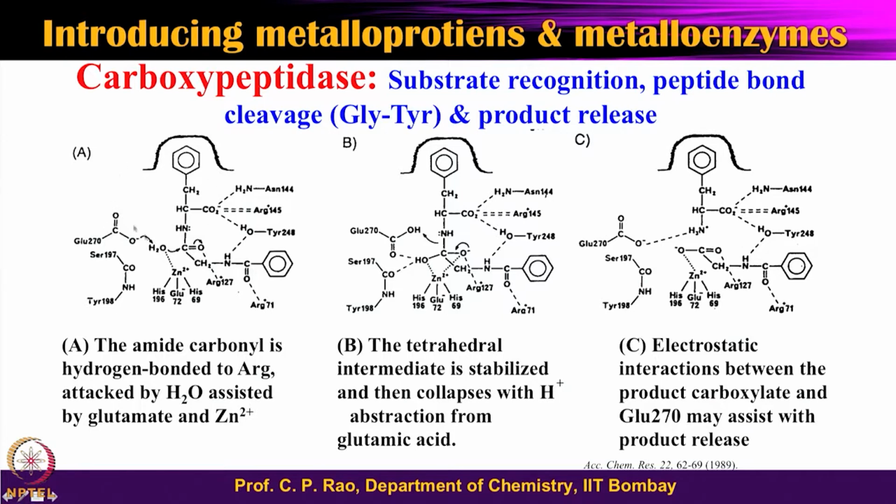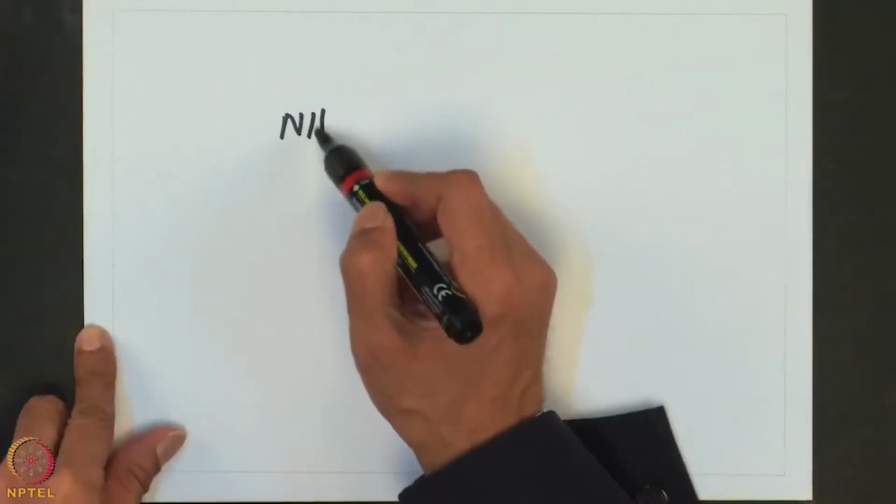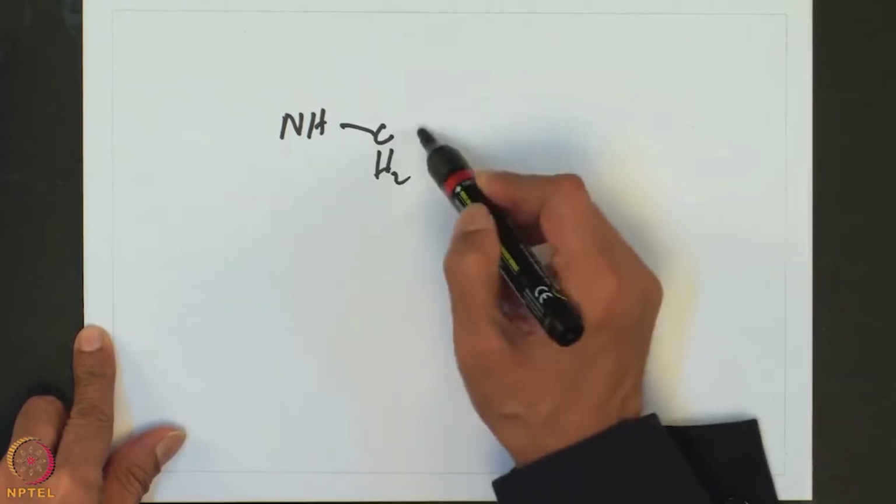So, the A, as you can see here very nicely, is a different dipeptide, which is the real dipeptide on which the enzyme works. This is nothing but your NH glycyl, NH glycyl.